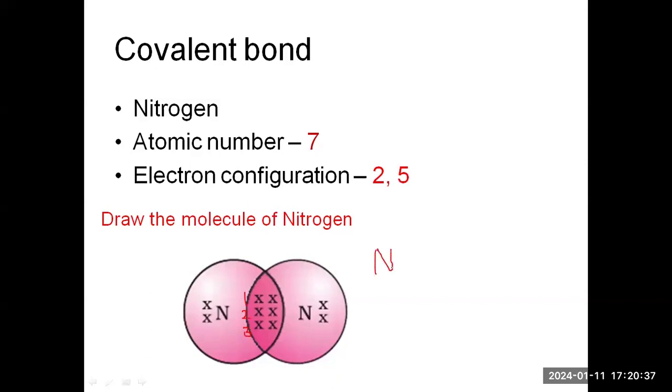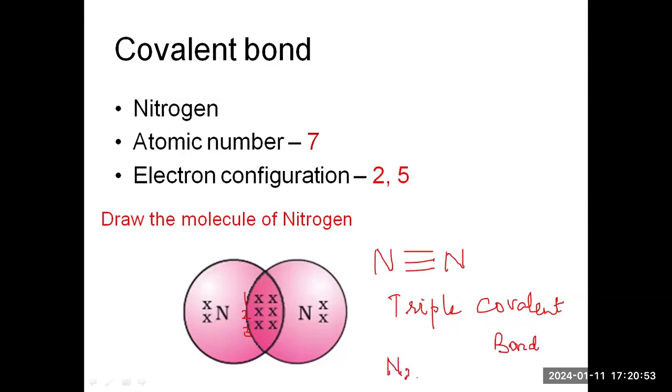Because 3 pairs of electrons are shared between them, it creates a triple covalent bond. And we write nitrogen as N2. So this is diatomic and trivalent, because the valency is 3.